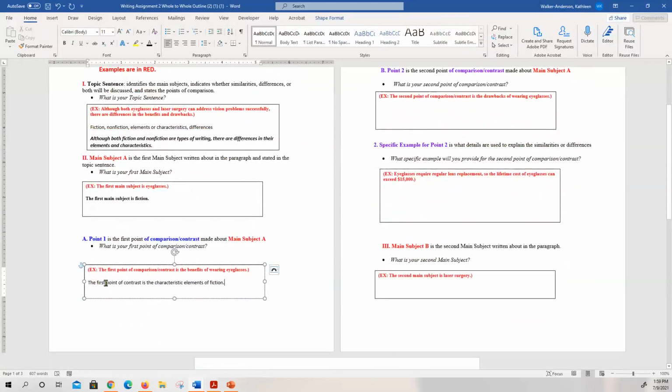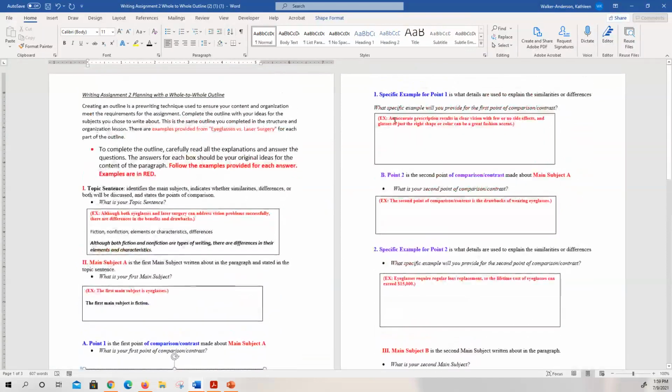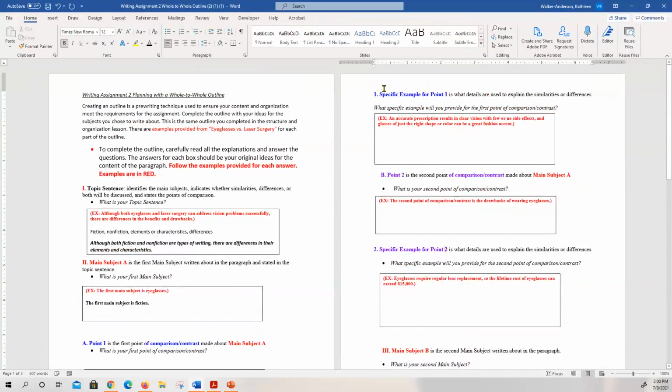So point one is my point of contrast. I'm going to come up with a specific example for point one, but instead of doing a point two, I'm going to come up with another specific example for point one. You can do that if you only have one overall general category of differences or similarities that you're writing about, then you can just come up with more specific examples.